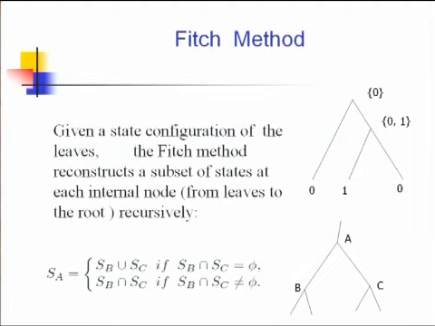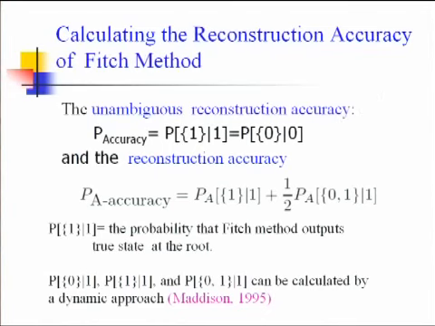Therefore, we define the accuracy in these ways. The first one is the unambiguous reconstruction accuracy, which is very simple. Basically, it is defined as the probability that the Fitch method outputs the true state at the root.